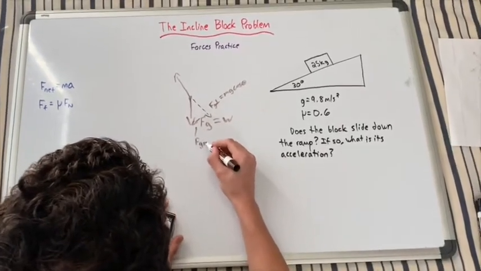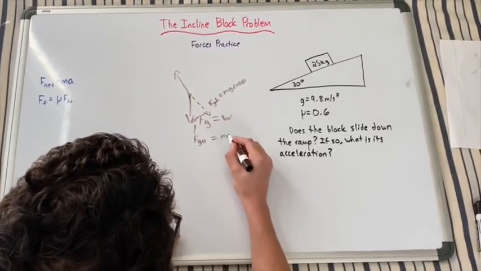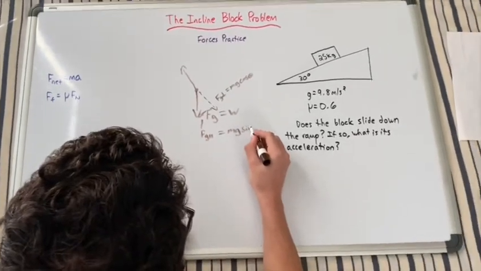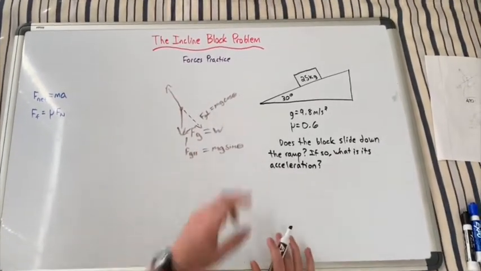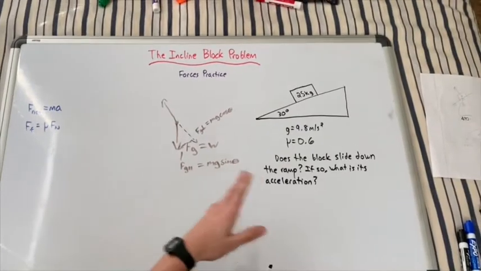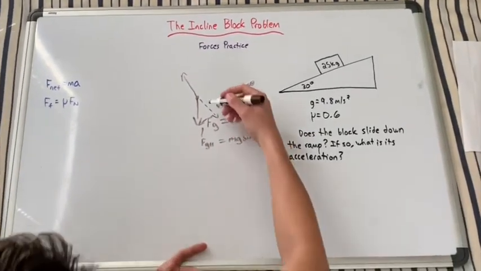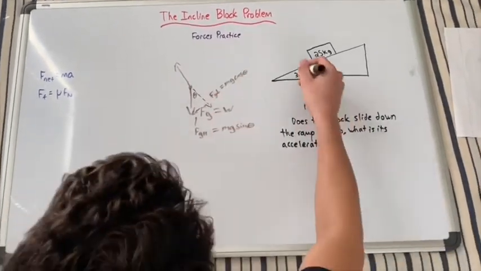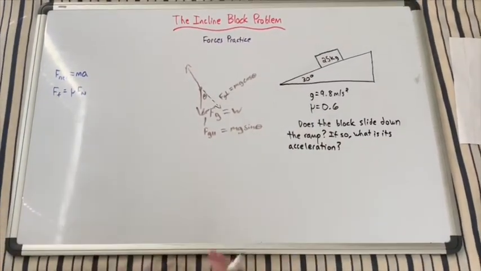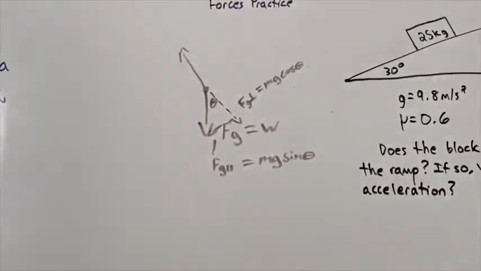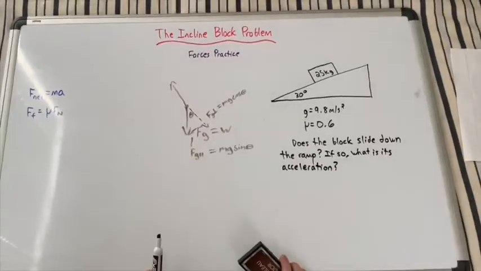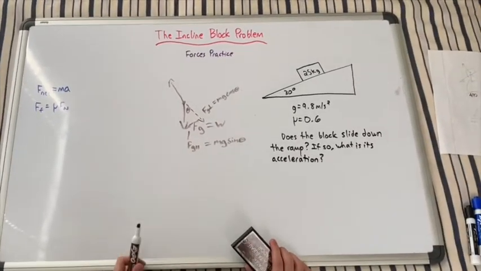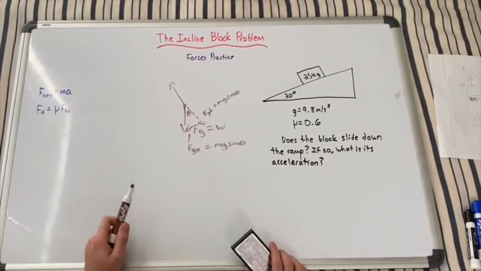Fg parallel is going to be mg sine theta. And this holds for any inclined block problem. So if you forget how to derive these, just remember that this theta is equal to this angle over here, and you can get to those two expressions quite simply.